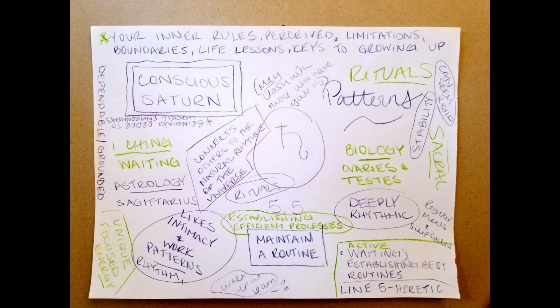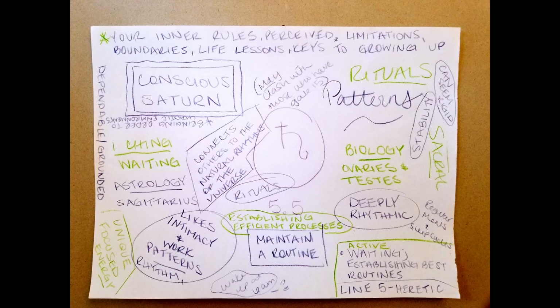The next planet is the conscious Saturn, and that's the one that looks like an H with a curly Q on the end and a cross at the top. It represents your inner rules, perceived limitations, boundaries, life lessons, and keys to growing up.